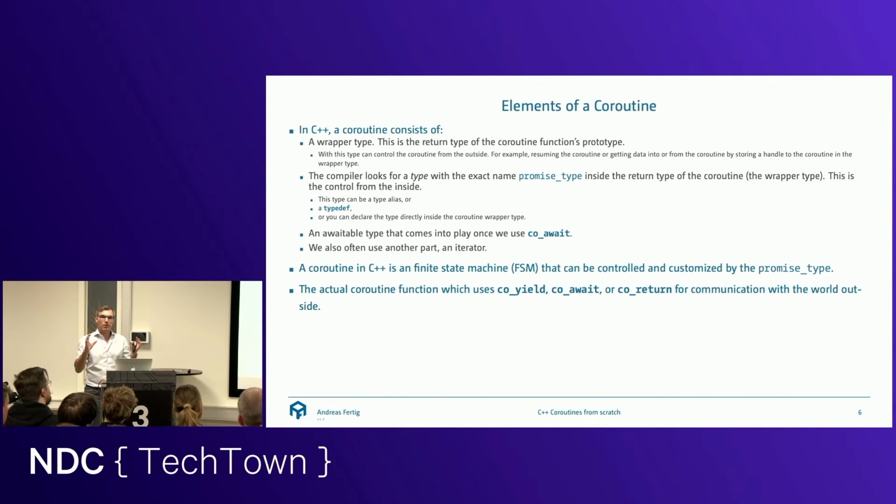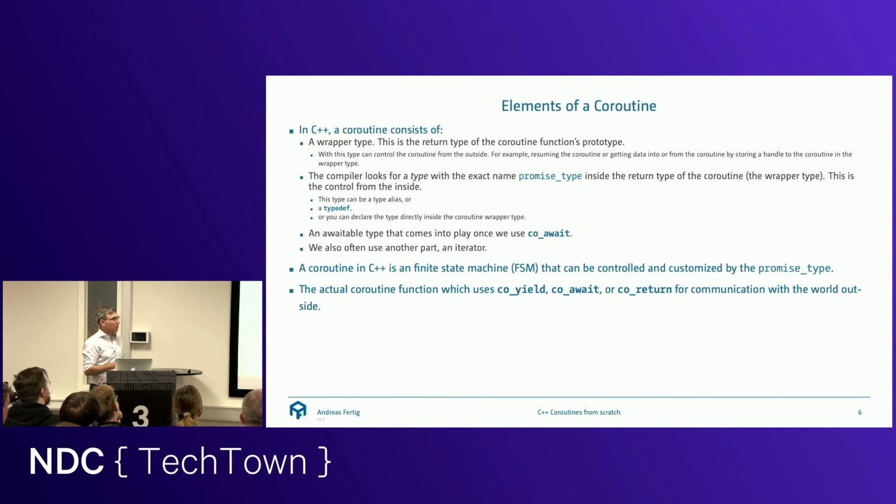This wrapper type is the return type of our coroutine function's prototype, and it allows us to control the coroutine from the outside. We are totally free in what functions to add to this type and how we model it, but the wrapper type must be there. It can also go without any functions. Because the compiler looks into this wrapper type for a definition of another type called promise type, with the exact same spelling as on the slide.